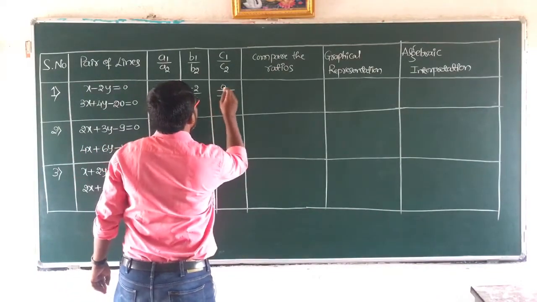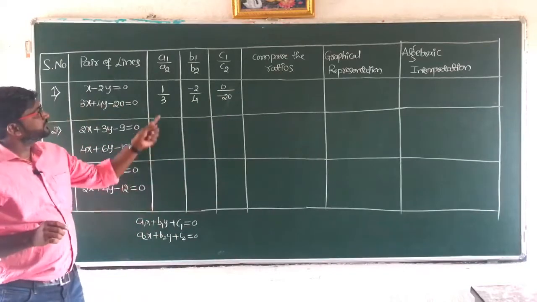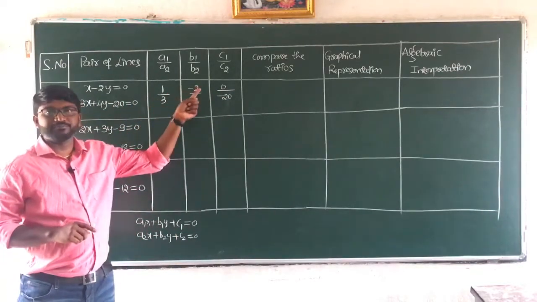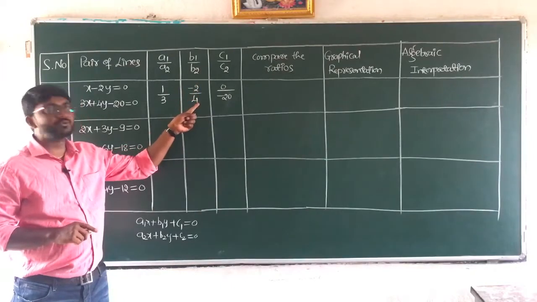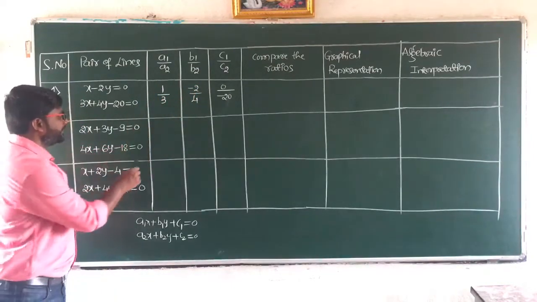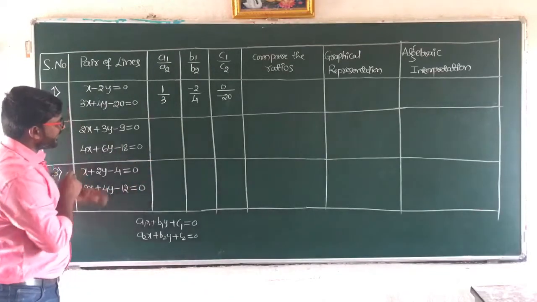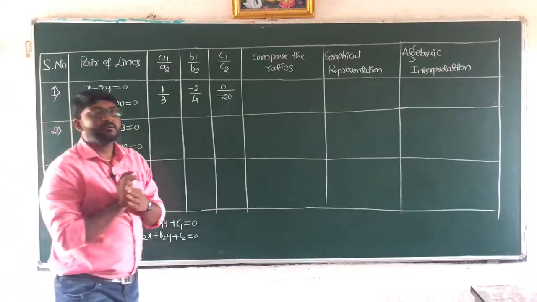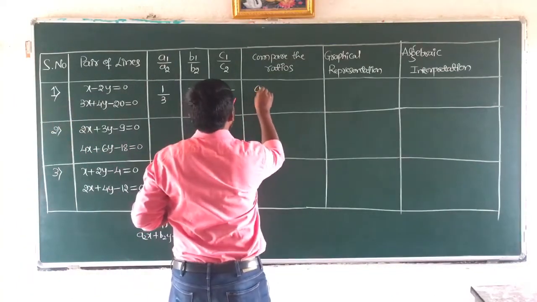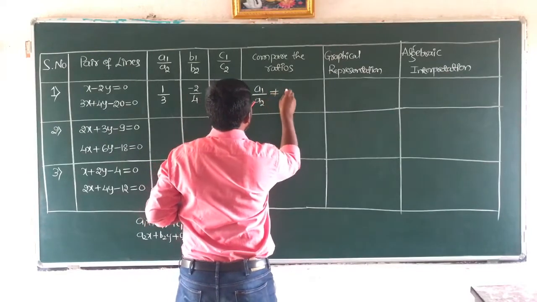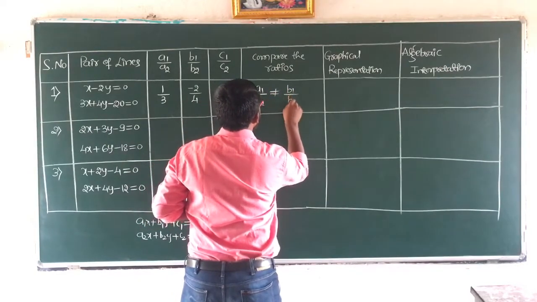Now observe one thing here. a1 by a2 is not equal to b1 by b2. Minus 2 by 4 gives minus 1 by 2, whereas here it is 1 by 3. Therefore this clearly shows that a1 by a2 is not equal to b1 by b2.